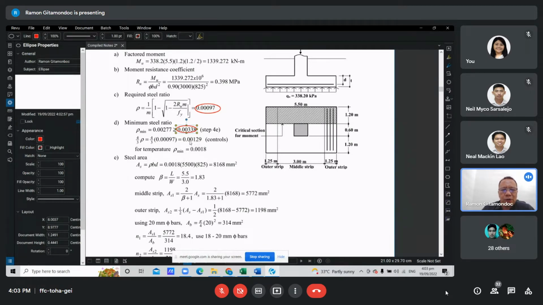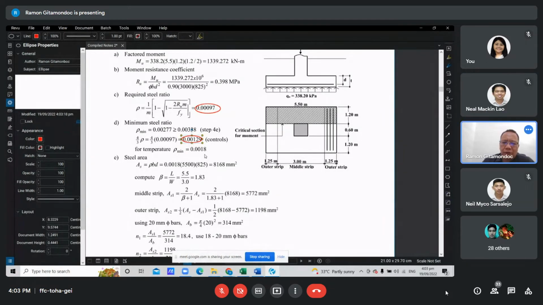We can use the smaller between this value and this value, so we use this value here. Now the absolute minimum for reinforcement should not be less than that required to control temperature and shrinkage, which is 0.0018. So this will now govern.